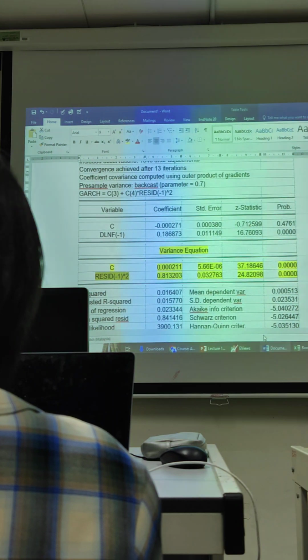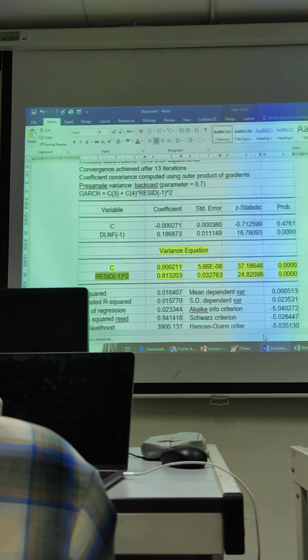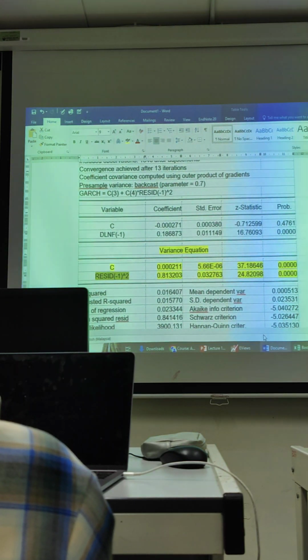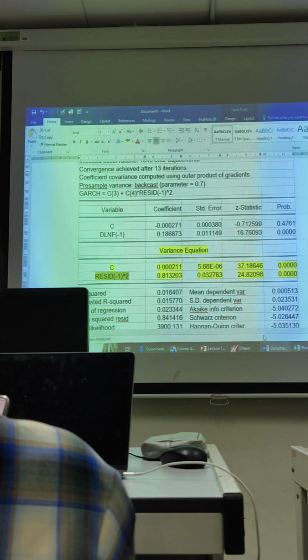Changes in the log of my price at time t equals the constant, which is negative 0.00027, plus 0.187 times the changes in the log price at t minus 1. So this is time t. This is the mean equation, my structural model.